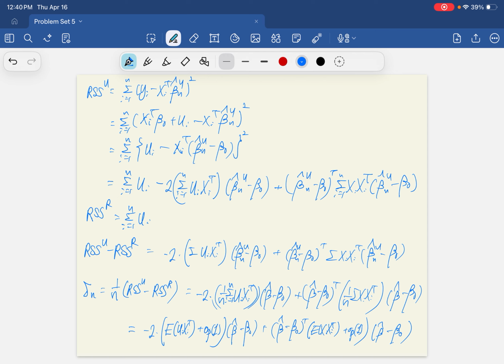We get this. The reason why I'm multiplying by 1 over n is because we would like to have those two terms converge to something. The first term will go away, and of course the smaller terms will be ignorable.